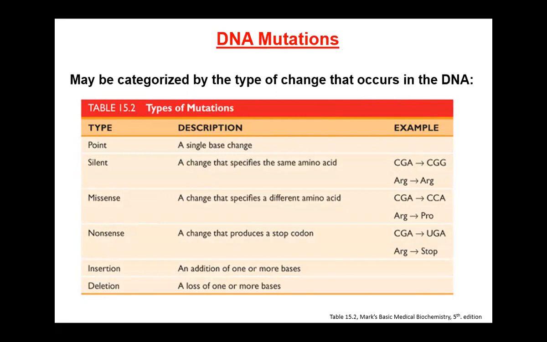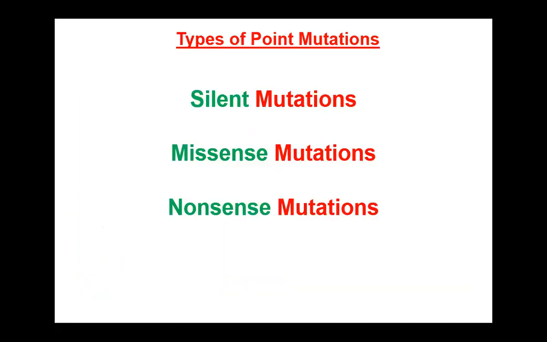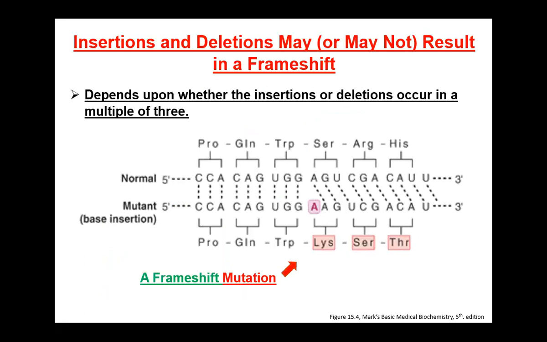When we talk about insertions and deletions, these may or may not result in what we would call a frame shift in the protein. And this is going to depend upon whether the insertions or deletions occur in a multiple of 3.